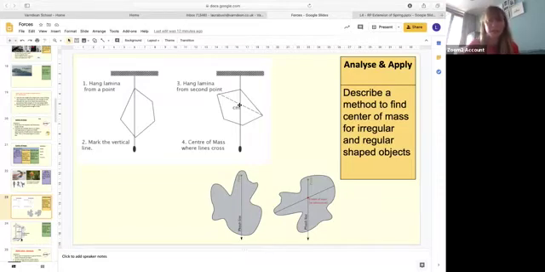You suspend it from one end, work out the line that it falls down, then hold it the other way, and when you draw those lines together, you find the centre of mass.